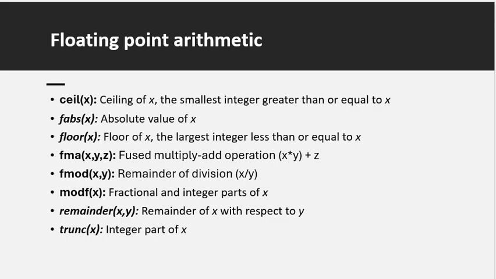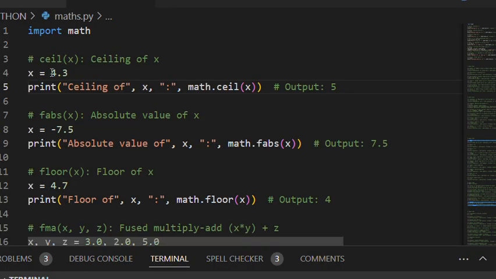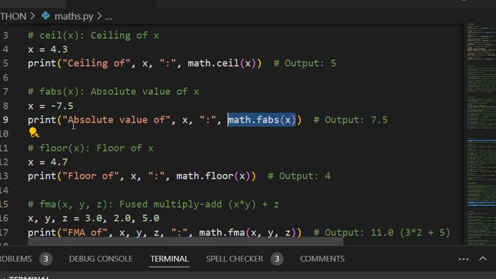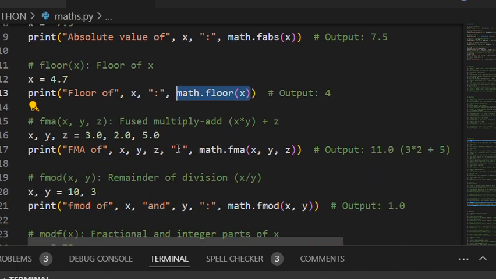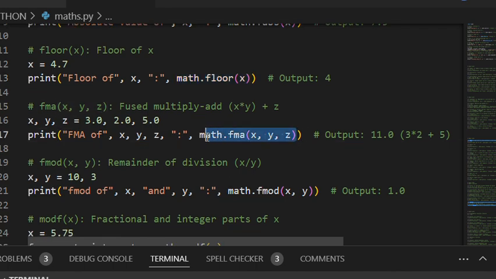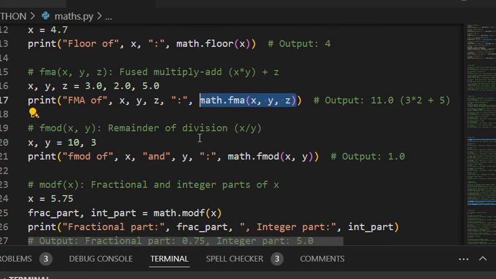We'll see this with examples. This is the example code. This is math.ceil(x), which gives the ceiling of x; the output for 4.3 is 5 because the ceiling of 4.3 is 5. Then we have math.fabs(x), which gives the absolute value of x. Then we have math.floor(x), which gives the largest integer less than or equal to x. Then we have math.fma(x, y, z), which gives the fused multiplication, that is x multiplied by y, then plus z.